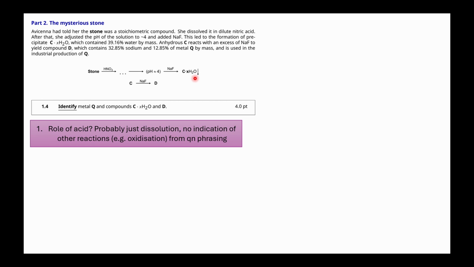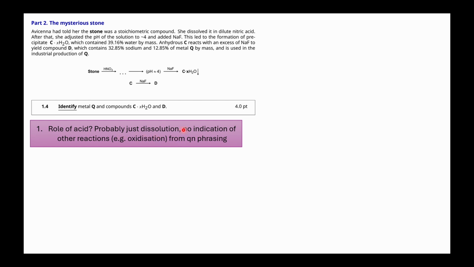So before dealing with all the numbers, which might overwhelm you, just do what you can with the qualitative information first. We were told that she dissolved it in dilute nitric acid. So what is the role of the acid? It's probably just dissolution. There's no indication of other reactions, like oxidation.